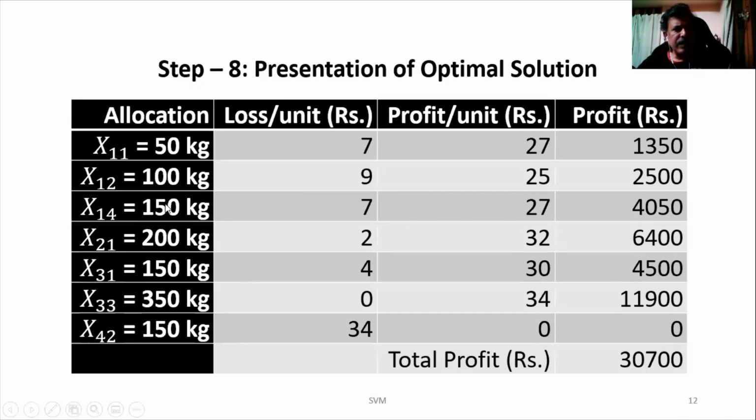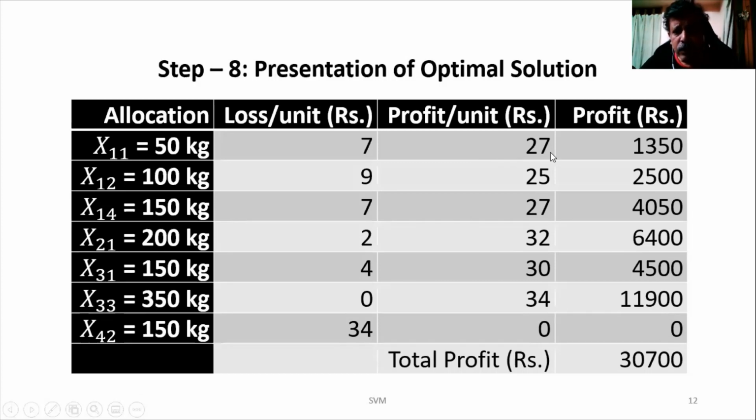Then in that table, we can get the loss. Now that loss has to be converted again to profit because the original problem is of profit only. How do we convert? All these numbers, that is 7, 9, 7, 2, have to be subtracted again from 34 to get these profits. Or from the original matrix, whatever was the profit in that particular cell, we consider those.